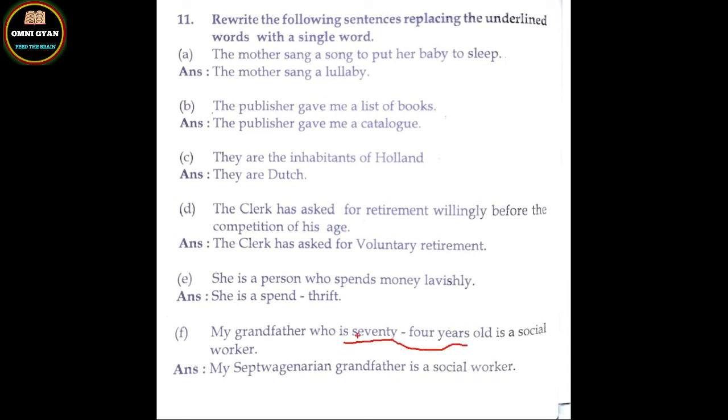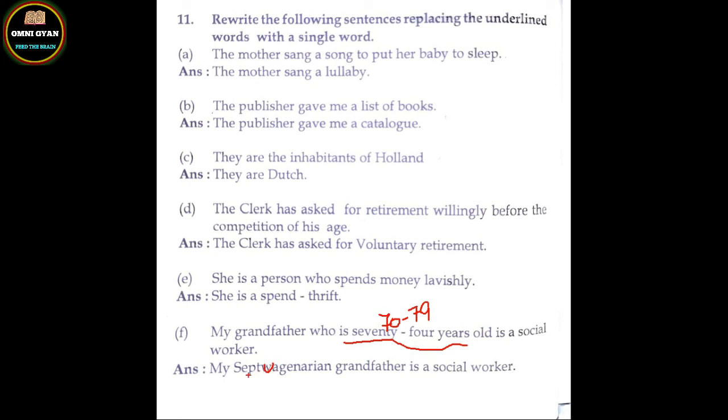My grandfather, who is 74 years old, is a social worker. So we learned 80 years old; this is 74 years old. There's a spelling mistake here. Any person who is between 70 and 79 is known as a septuagenarian.